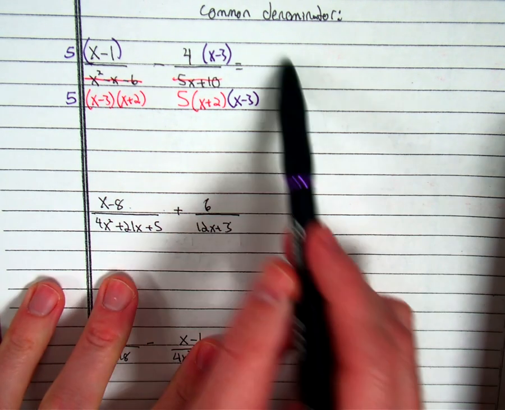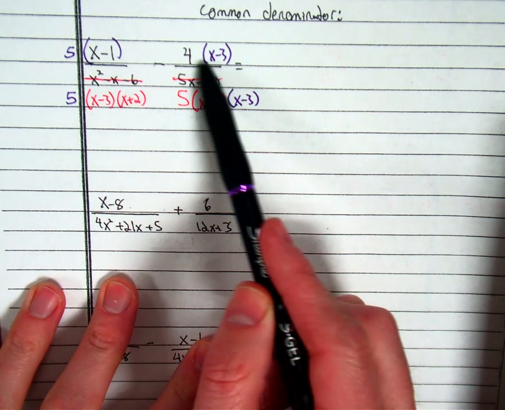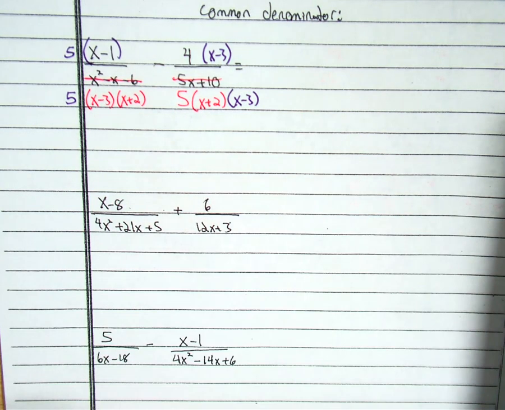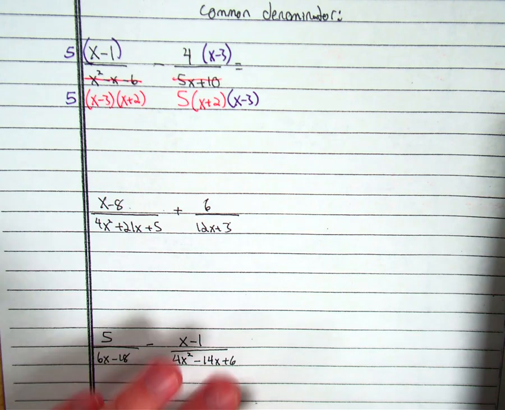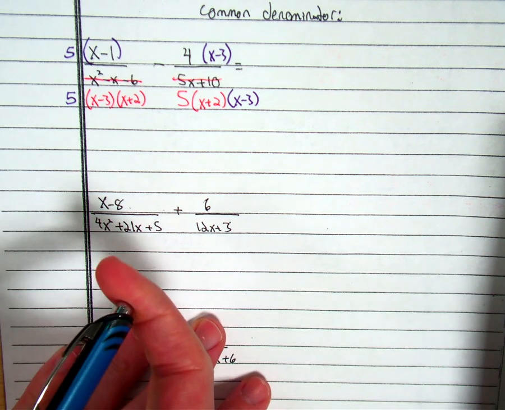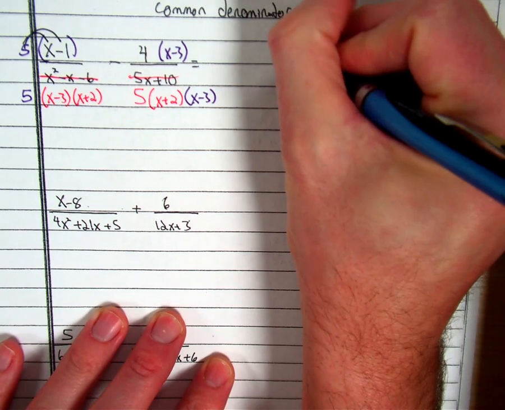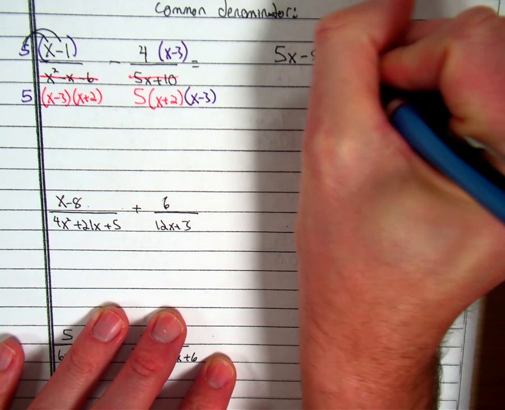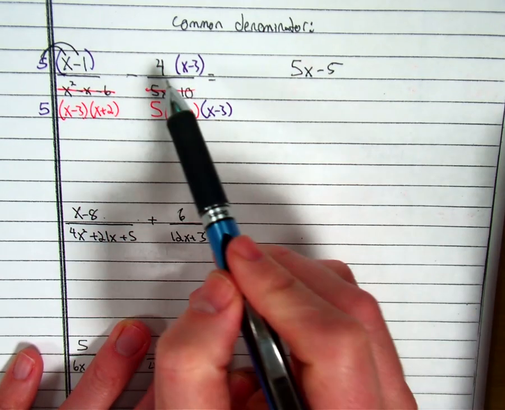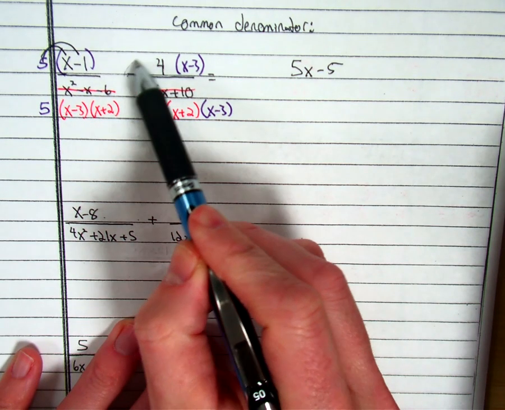Now with these, we will multiply out the top, and there will be things to combine. So we'll have 5x minus 5. And another tricky one here, this minus is going to go with that 4.